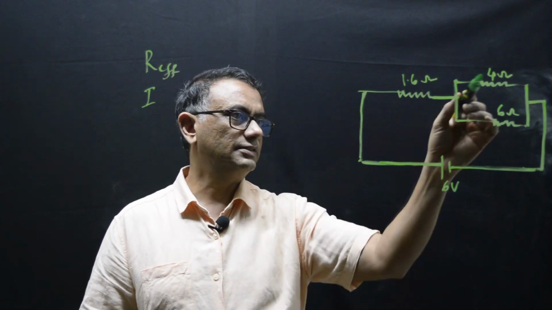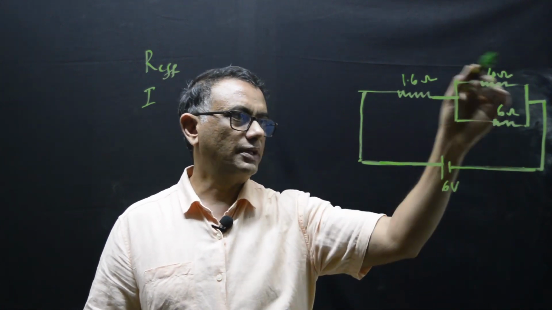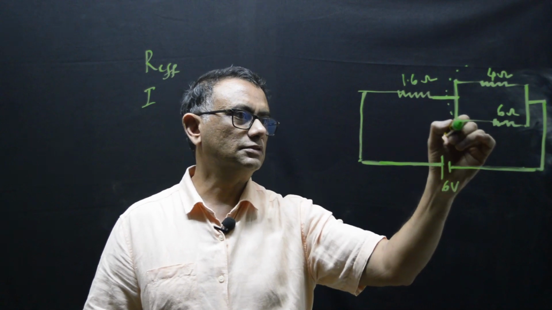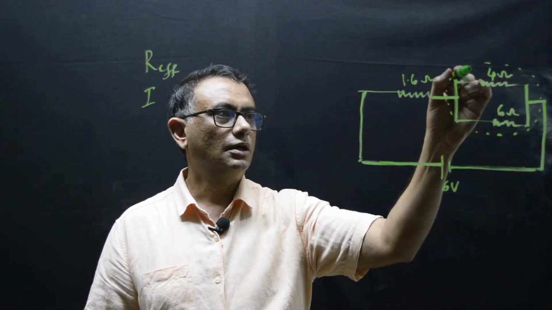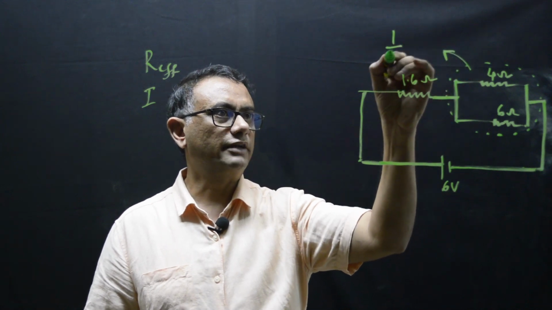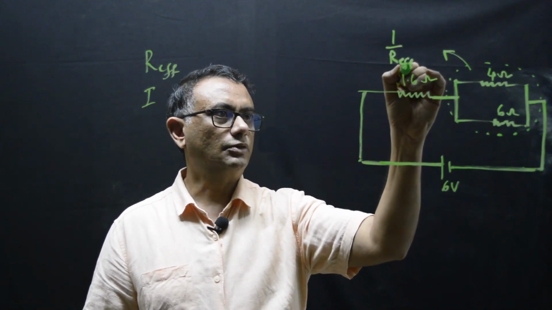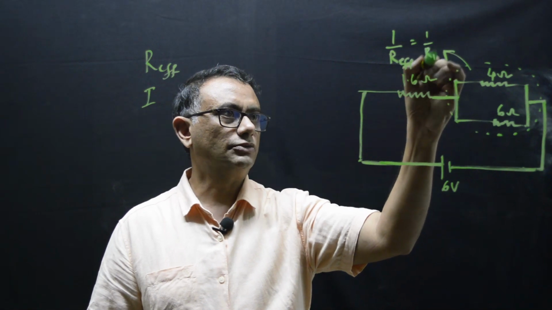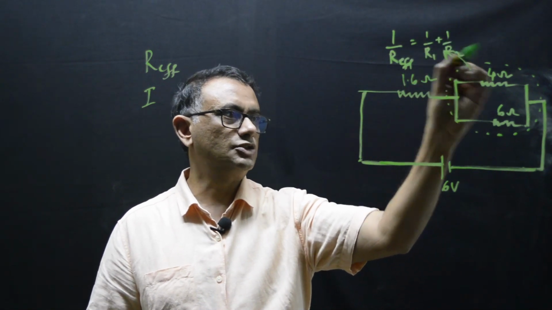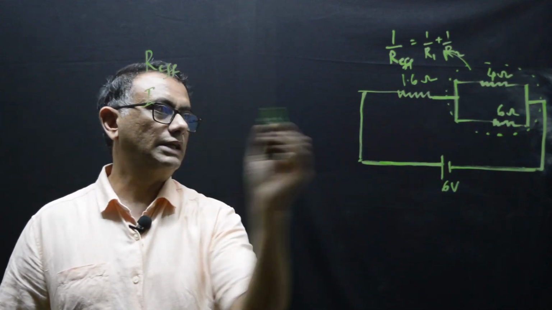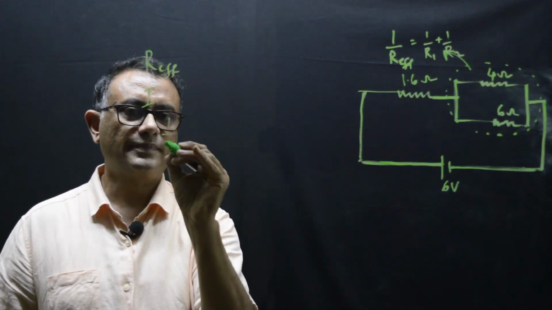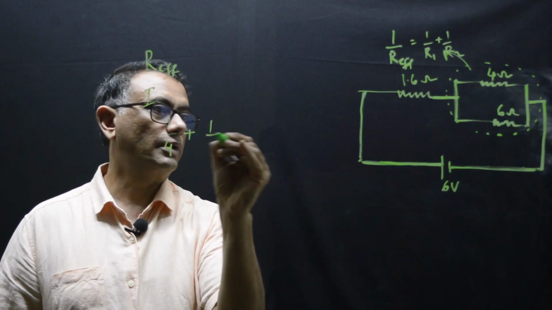And so we immediately identified that this particular block that we have constitutes a parallel block. So we can use the formula for R effective, 1 by R effective is equal to 1 by R1 plus 1 by R2 to simplify this particular block. So what will that become? That will become 1 by 4 plus 1 by 6.